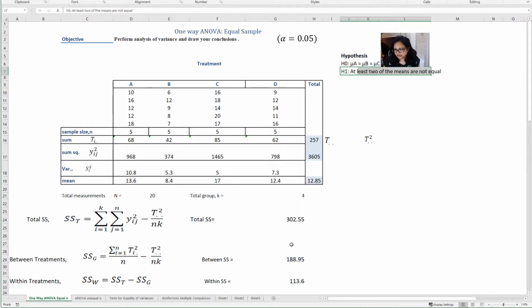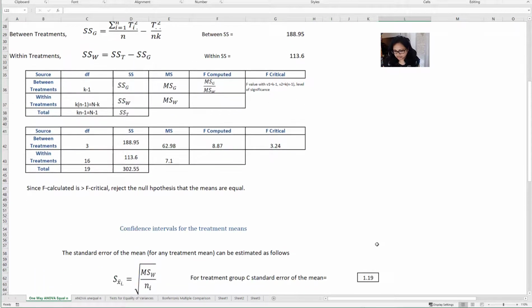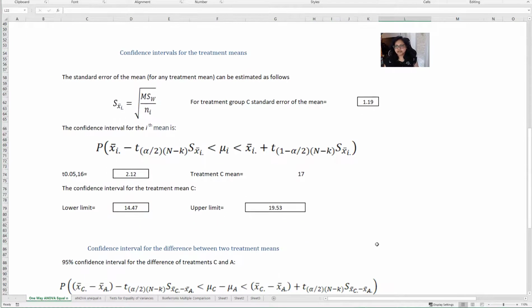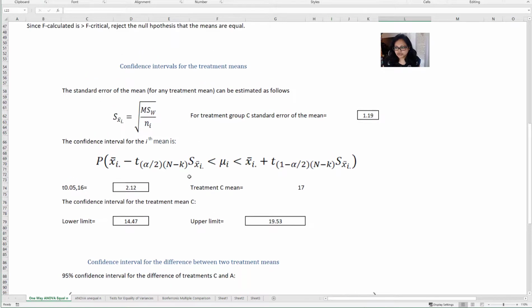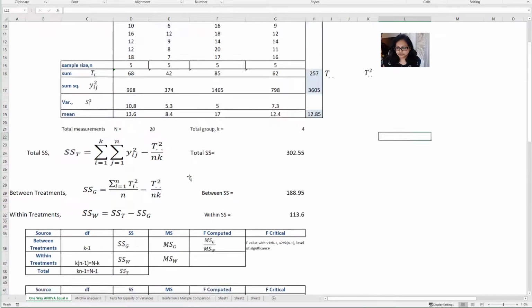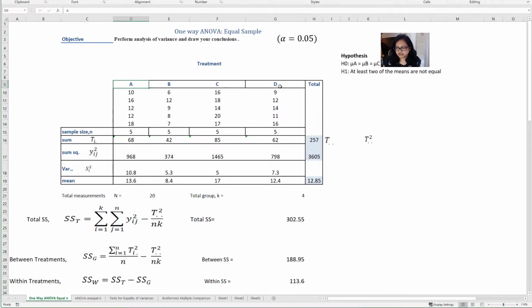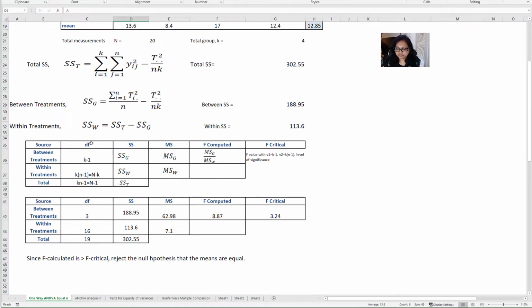Now I would like to talk about how we can find the confidence intervals for the treatment means. So if I want to know, for each of those treatments, let's say treatment A or B or C or D, if I ask you to find the confidence interval for the treatment mean A, then you need to find this ANOVA table first.